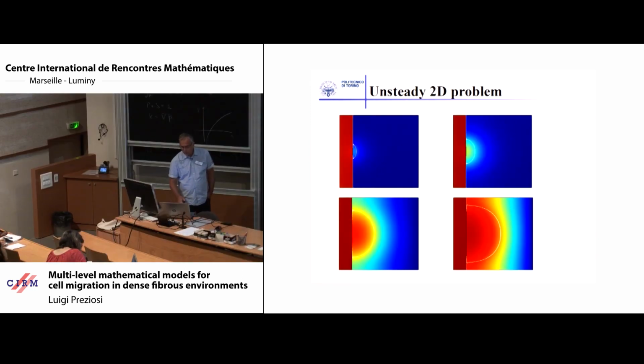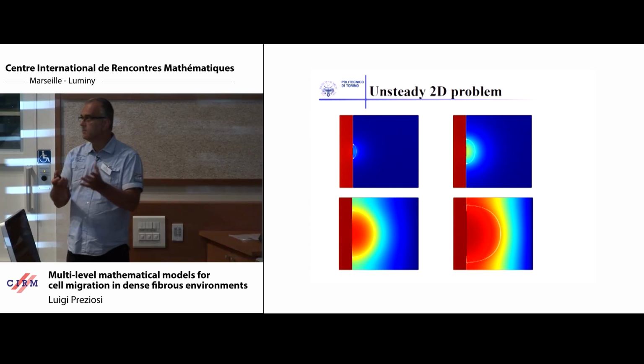Okay, so this is what we wanted to have, a model in which you can play with, and you can introduce this membrane stuff in order to have compartmentalization of cells in compartments within basal membranes.